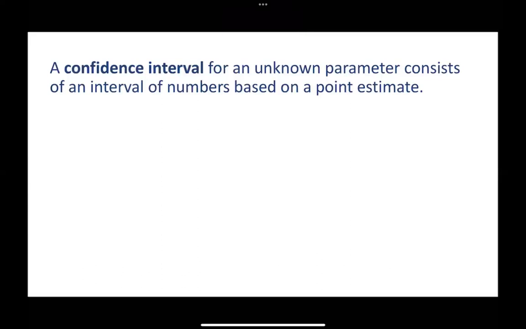And you've seen this in polls and things like that, where it would say that a certain candidate is estimated to have 43% of the vote plus or minus 5%. And that's what a confidence interval is.